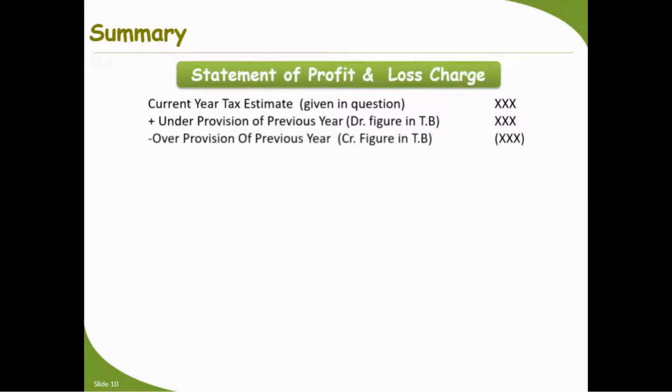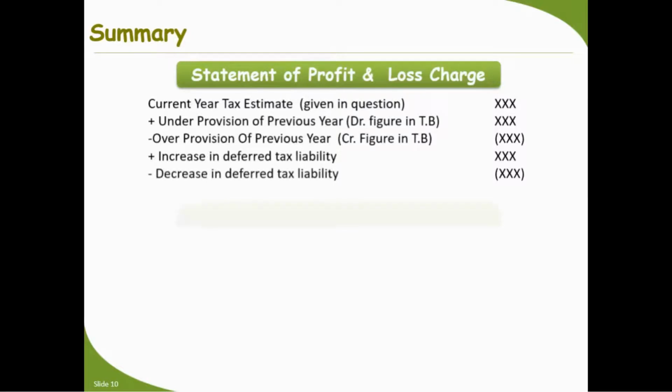There is only one possibility: either you have under provision or you have over provision. Then if there is an increase in deferred tax liability, meaning the closing balance of deferred tax liability is greater than the opening balance, you will add. If the closing balance is less, then you will subtract. So this is the statement of profit and loss charge.